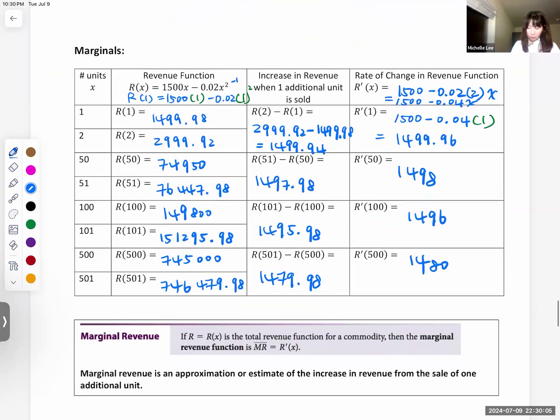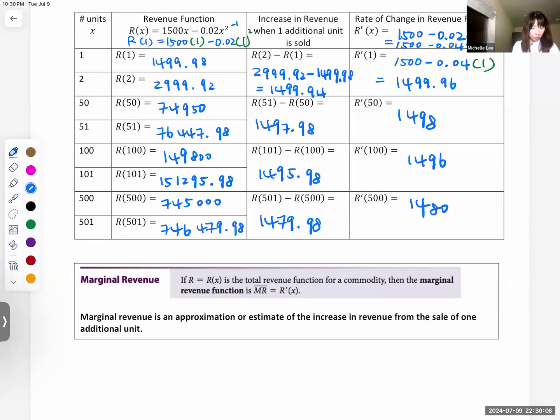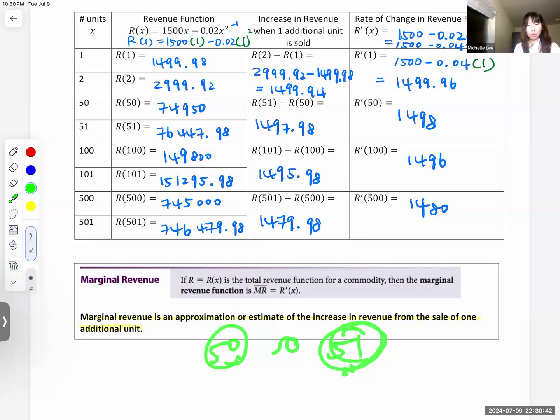Okay. Now, marginal revenue. What's the marginal revenue? I think we talked before, right? Marginal revenue is an approximation or estimate of the increase in revenue from the sale of one additional unit. So if a company sells 50 and then they want to know about one additional, so 51, then what's the marginal revenue for one additional unit?